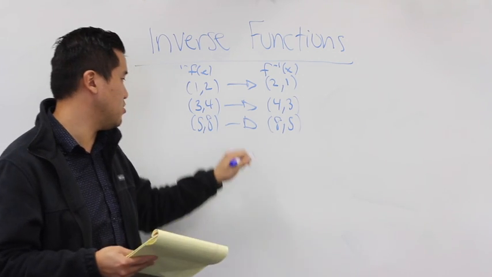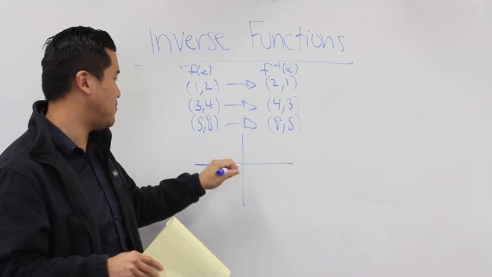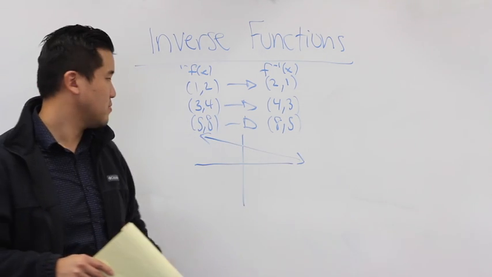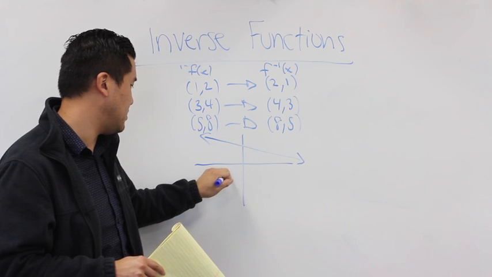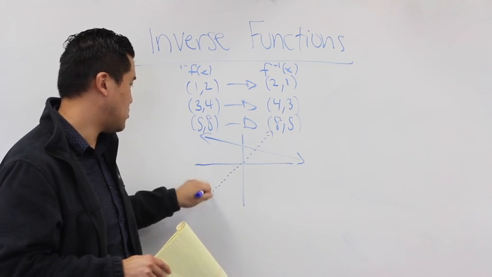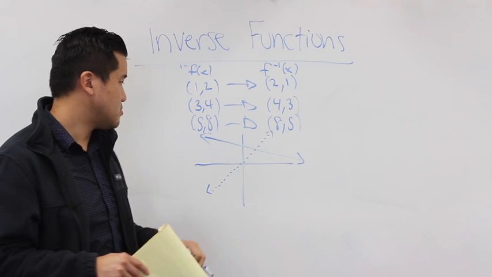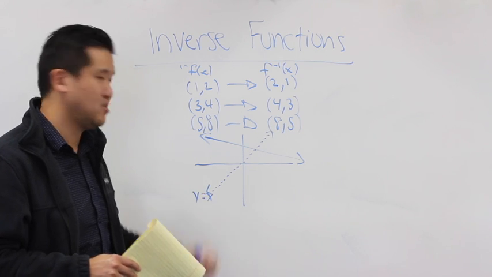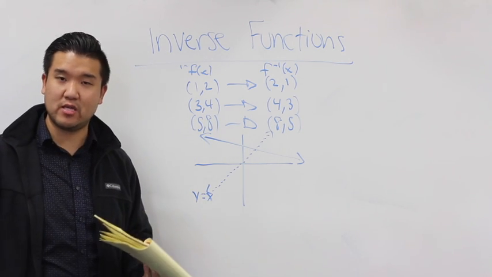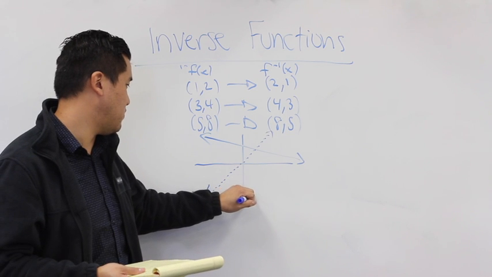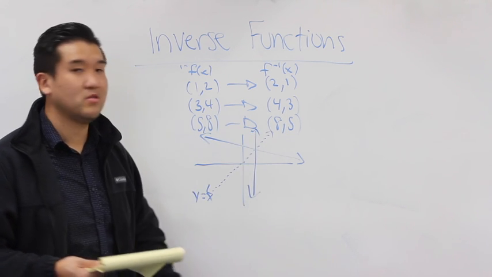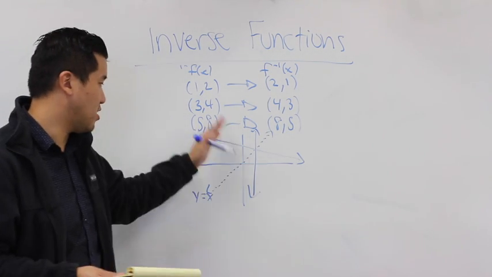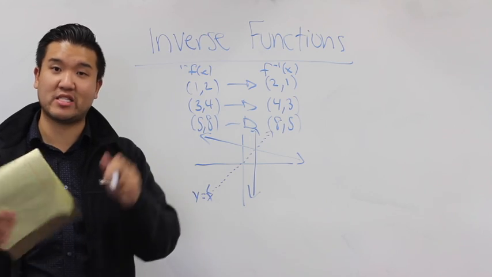So if you graph it, what you'll see is, this is not the actual graph, but if I graph this line like this, let's say I have a line like this, your other line, what's going to happen is, because our theme is swapping x and y, your graph is actually going to reflect at y equals x. Y equals x just means y is equal to x, x is equal to y, so your graph actually reflects there. So that would be the inverse. So graphically, our points swap, and my graph reflects at y equals x.